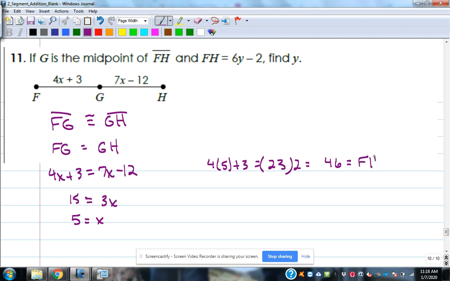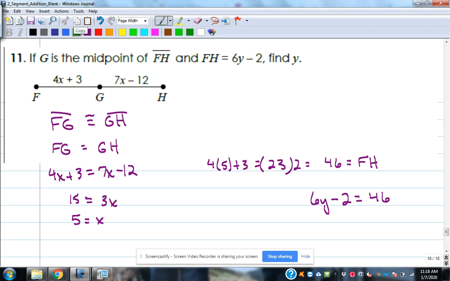FH. Okay. 46 is the length of the whole segment, the whole picture. Now, what else do we know is equal to FH? 6y plus 2. And so that means we can set up 6y plus 2 is equal to 46. And now we have an equation that only has the y in it.